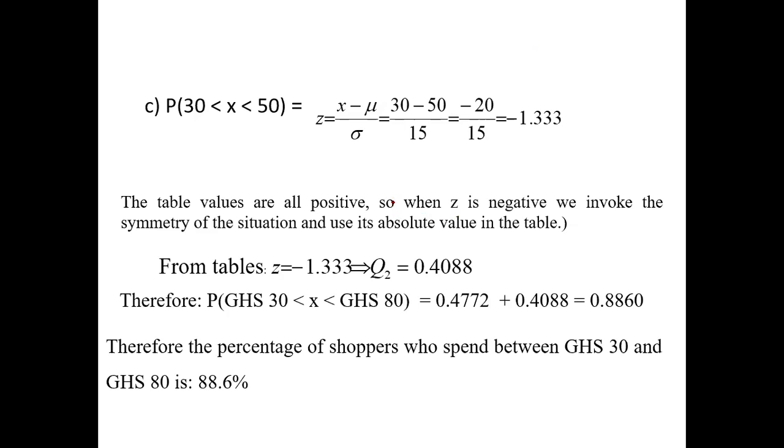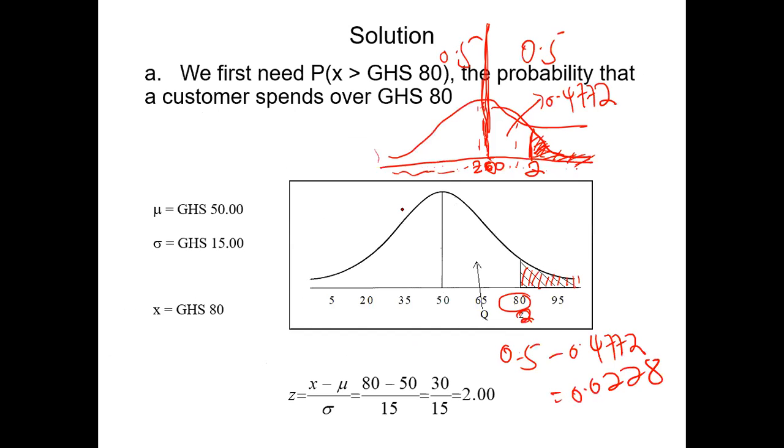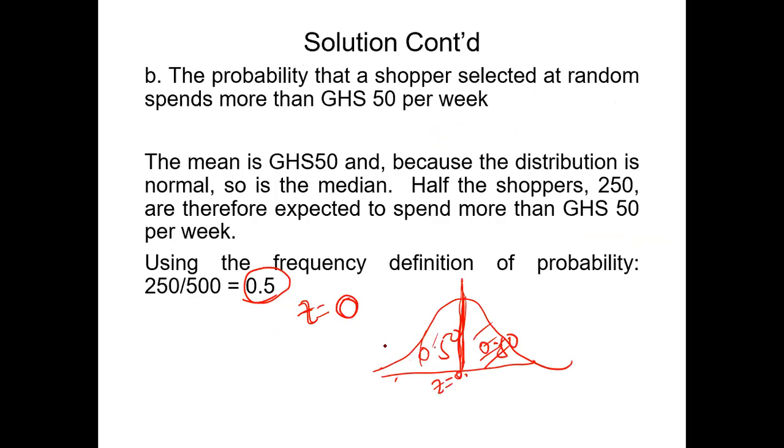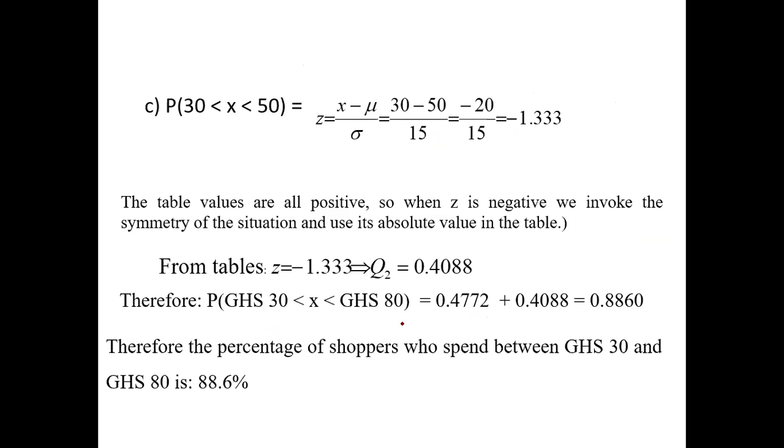If you compute the z-score for 50, I think there's a slide, so it's between 30 and 80. Between 30 and 80, not 30 and 50. So the z-score for 30 was negative 1.333. The z-score for 80 was 2, if you remember.